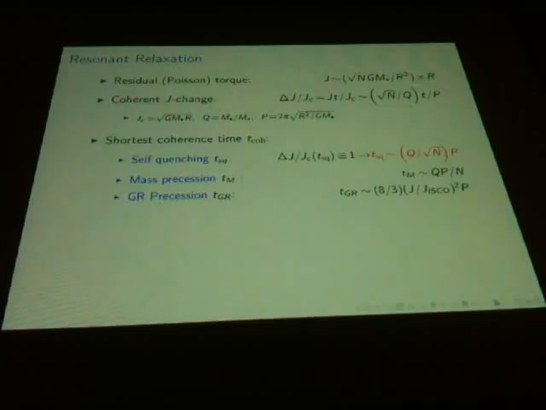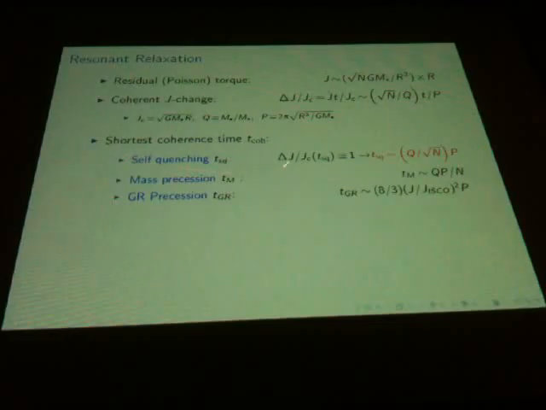Just by reasons of self-consistency, since our choice of which star to consider the test star was completely arbitrary, all the stars are actually experiencing these coherent torques, and after some time, the coherent torques themselves will scramble the distribution of the orbits, and therefore there is what we call the self-quenching time.